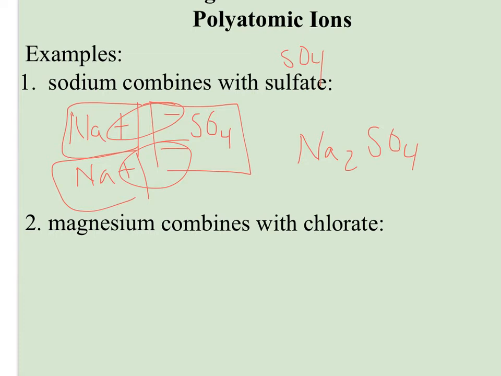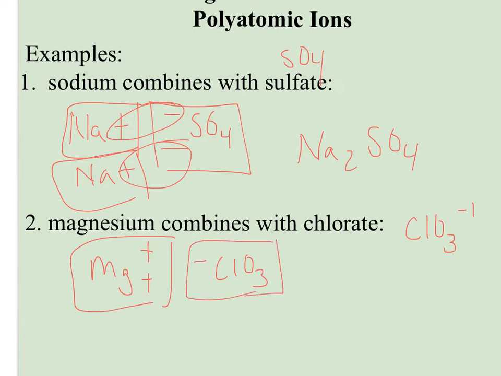If I had magnesium with chlorate, now when I look at magnesium, it has 2 electrons to give. Chlorate, when I find it on the chart, there's a lot of them. There's chlorite, chlorate, and perchlorate, so make sure you find chlorate. It is ClO3, and it's shown with a minus charge. And remember, chemists are lazy, so that just means -1. So this whole group, ClO3, can only take 1 electron.